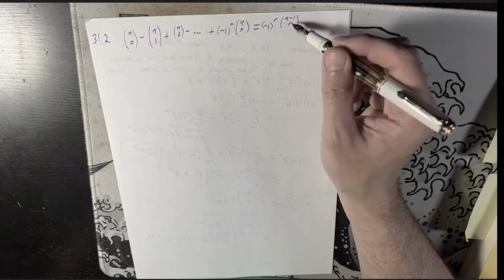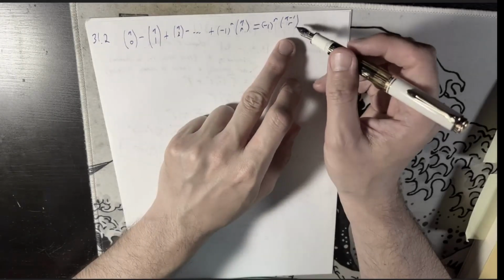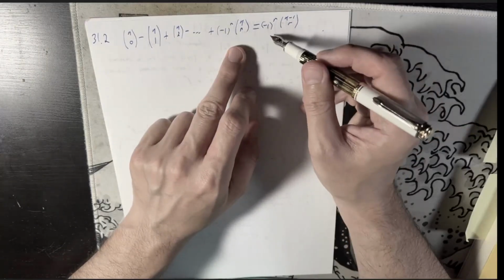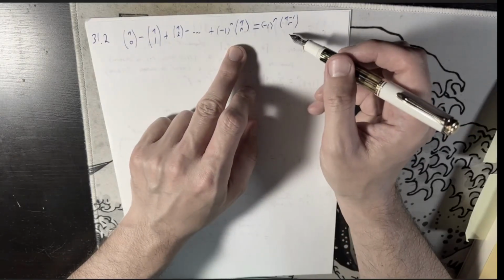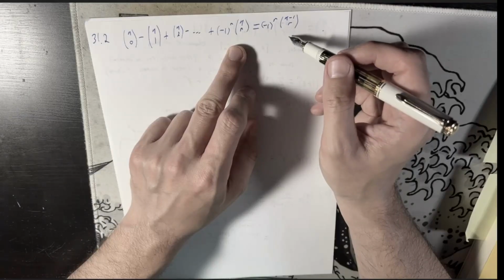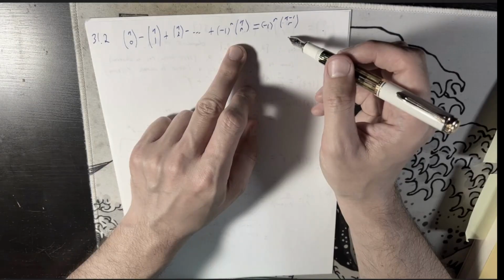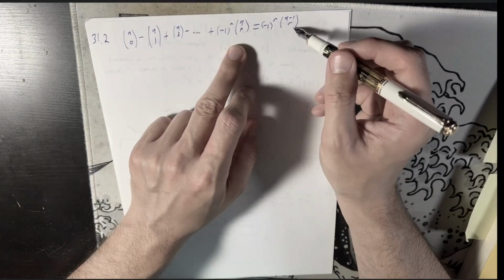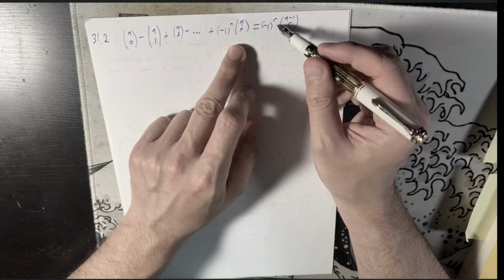Could replace this with the thing we just used, and then that would kill off this one term, and we would have this choose r minus 1 with a negative sign.